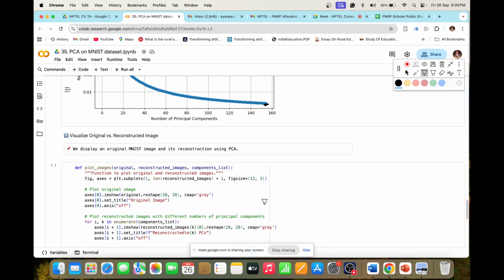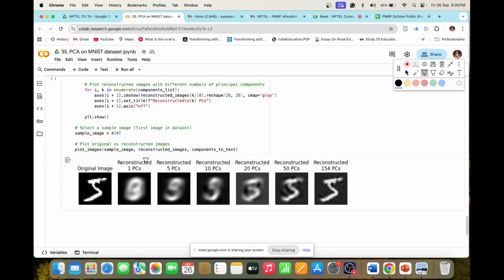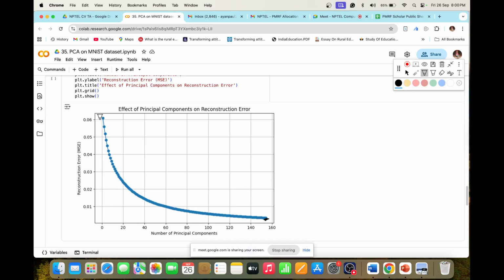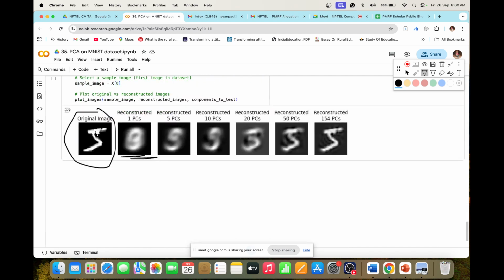But for more visualization, this is the original image, and here we have the reconstruction error. If I take only one principal component, the error is 0.06 reconstruction error, and you can see the picture is very blurry because we are taking only one principal component.